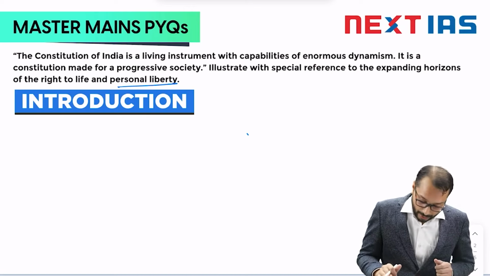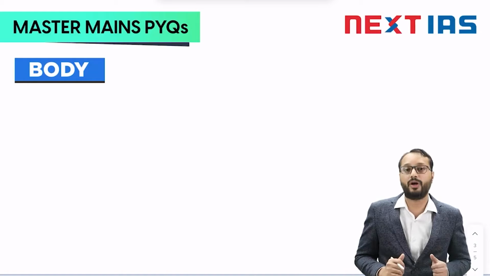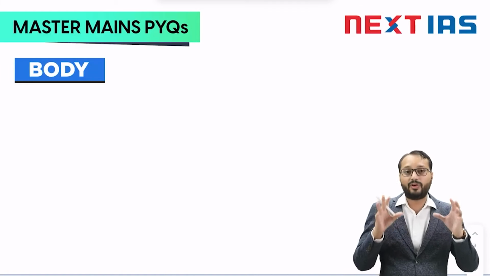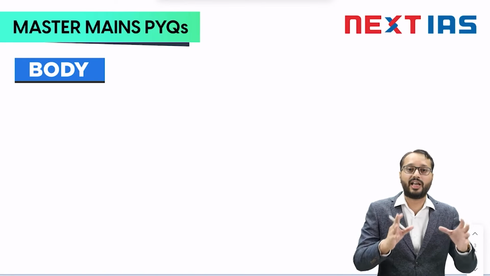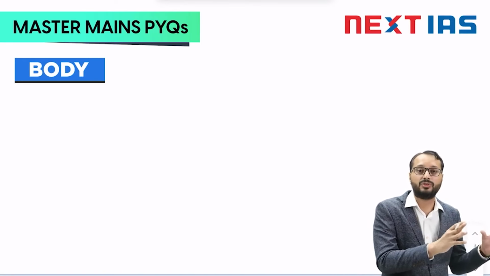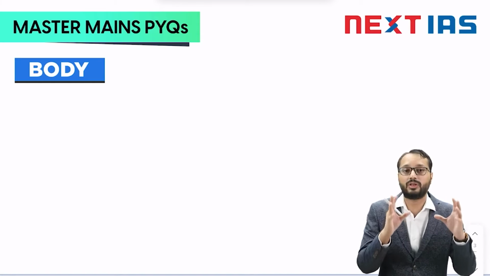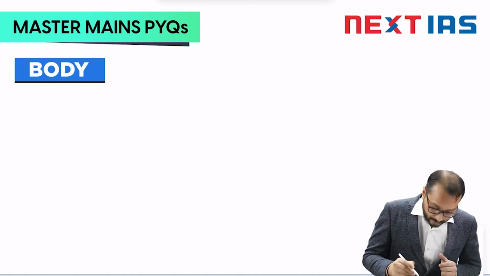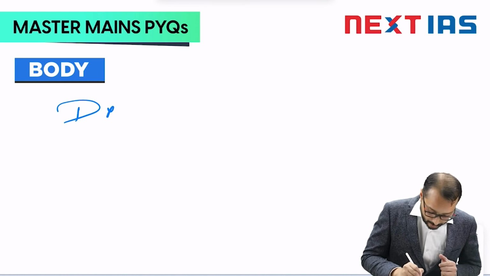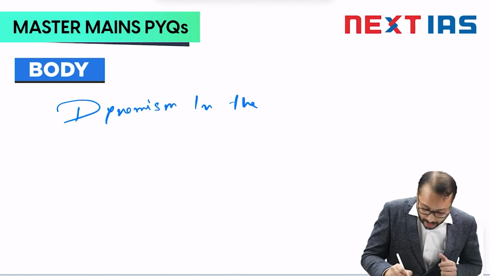Now, moving on, how would we proceed with the body? We have already written the summary in the introduction. It would be a good practice to highlight what features of the constitution ensure this dynamism in the constitution.